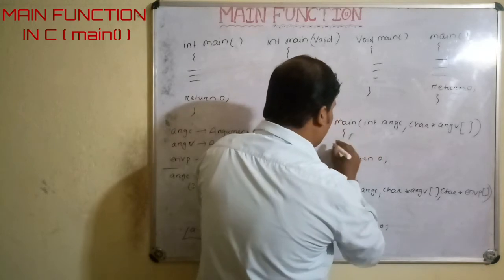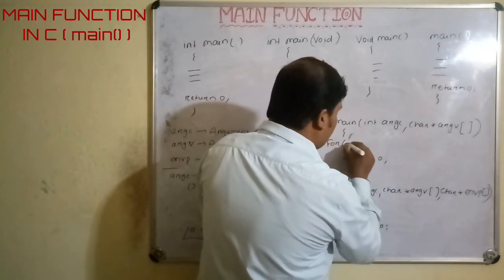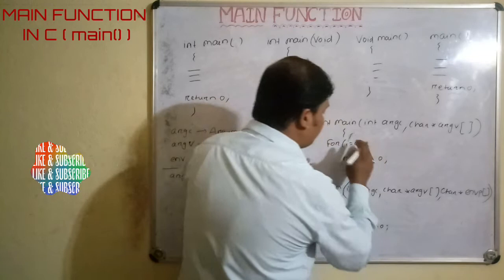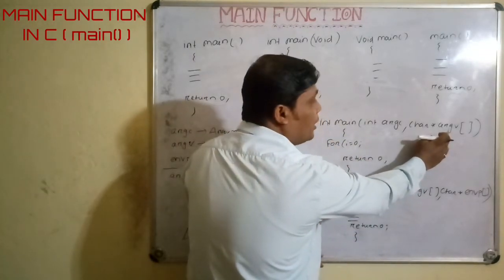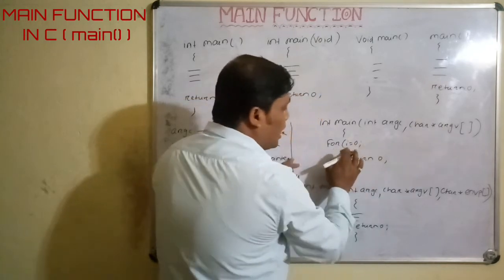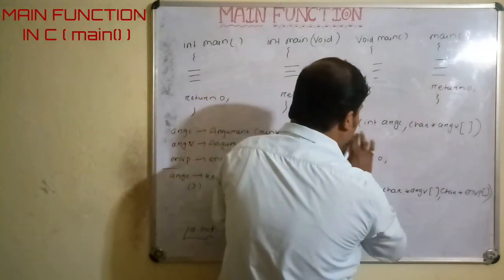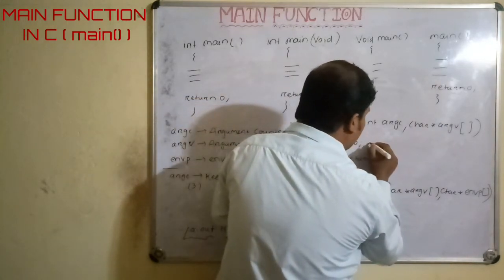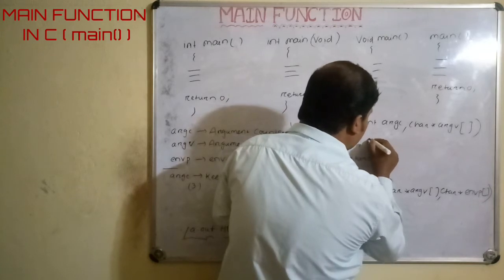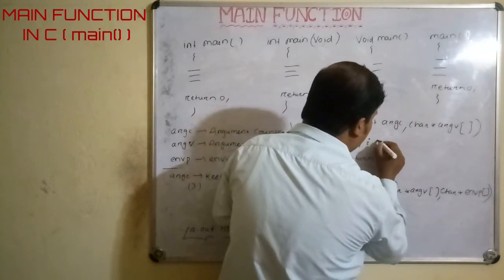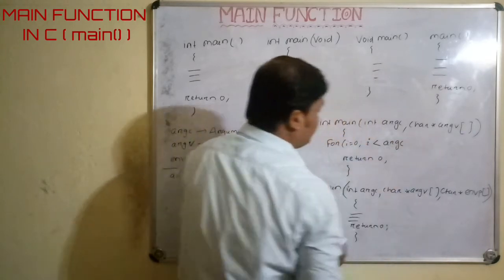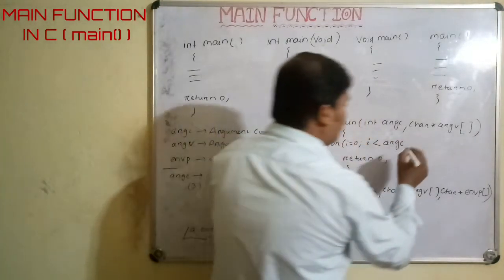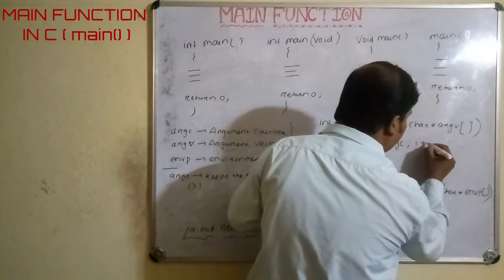Now see, suppose I am taking one for loop for i equal to 0. This is one what? Pointer to string. So i equal to 0, then i less than argc, then i plus plus.